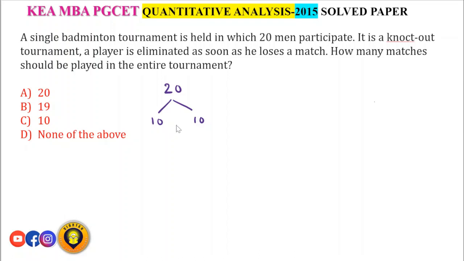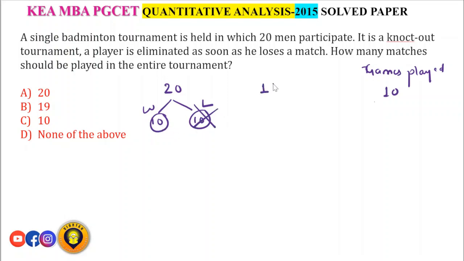In these 10 games, 10 persons will lose and 10 persons will win. So let us suppose these 10 persons lost and these 10 persons won. Total games played is how much? First 20 men were there, so they played 10 games. Out of these 10 games, 10 persons will be eliminated and 10 persons are left.